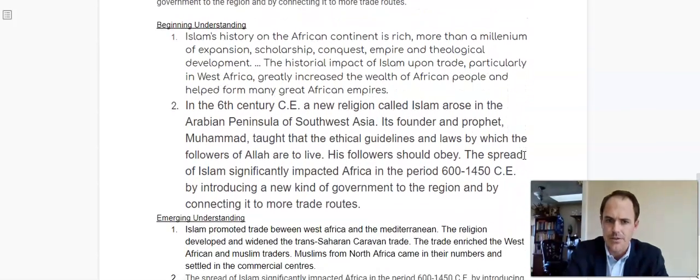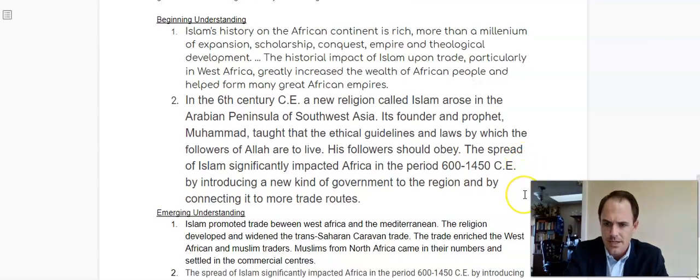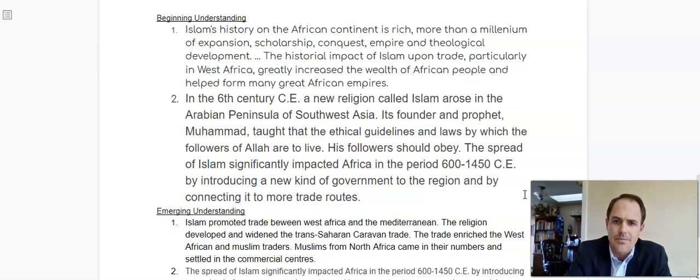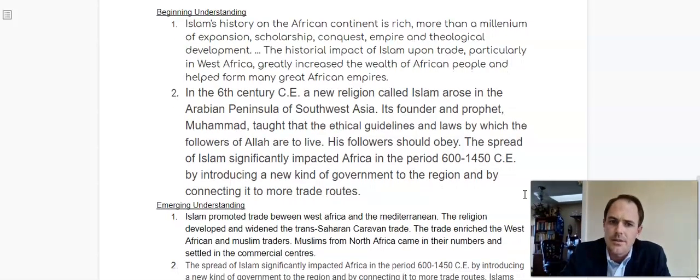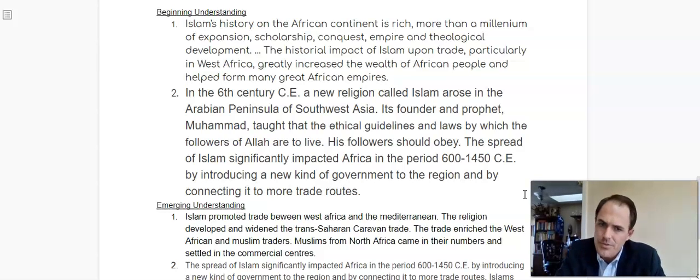All right, here are some of the examples, and remember, I gave you an example to use. So here's our beginning understandings. Remember, these are the students not earning a passing score. Islam's history on the African continent is rich, more than a millennium of expansion, scholarship, conquest, empire, and theological development. The historical impact of Islam upon trade, particularly in West Africa, greatly increased the wealth of African people and helped form many great African empires. So why only beginning? Well, it's short. It's only 2 sentences.